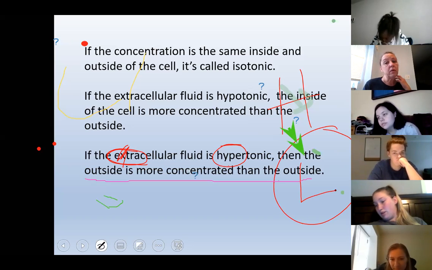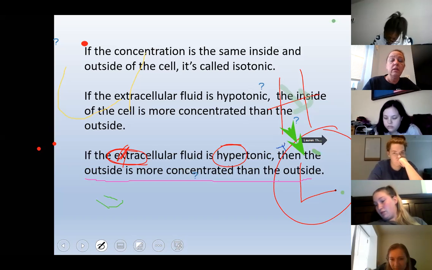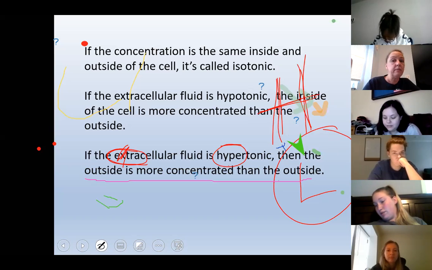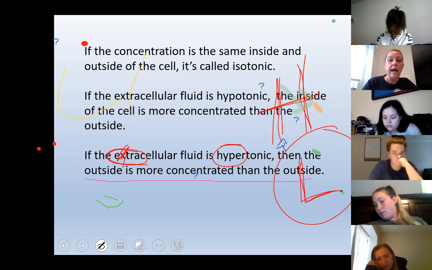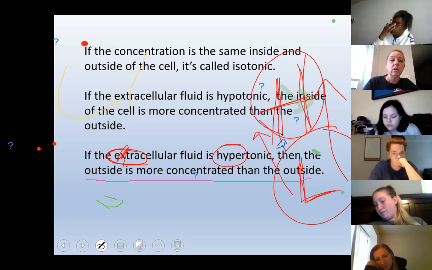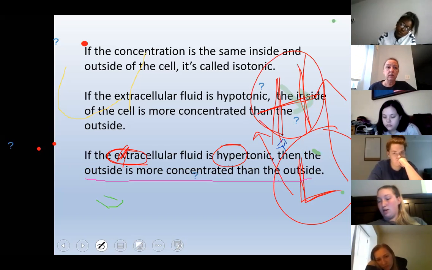Now remember, we're not moving the molecule. We can only move the water. The salt is out here. Can't move the salt. The fluid is in here.